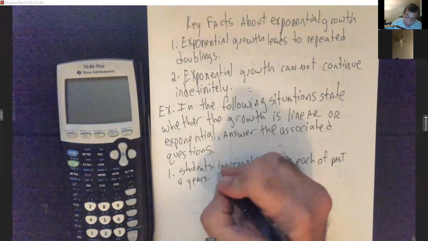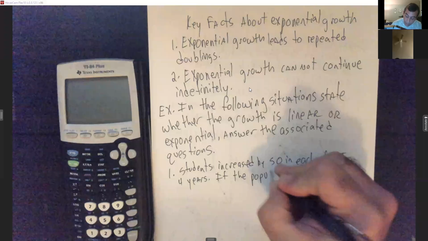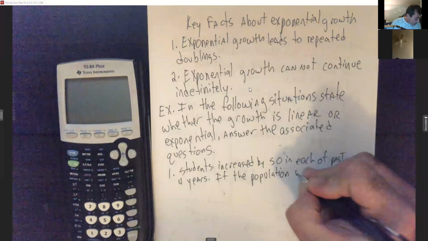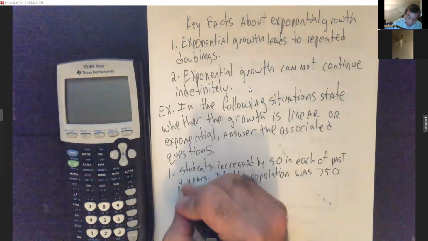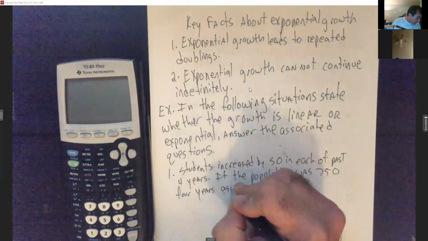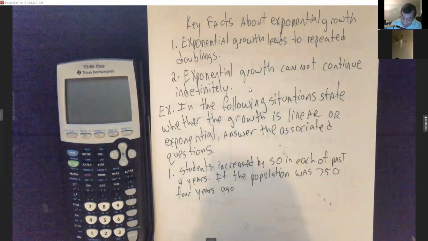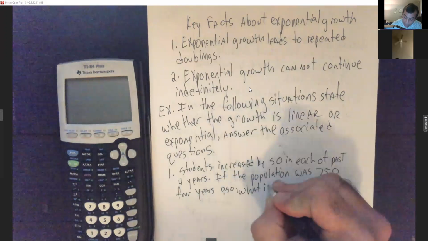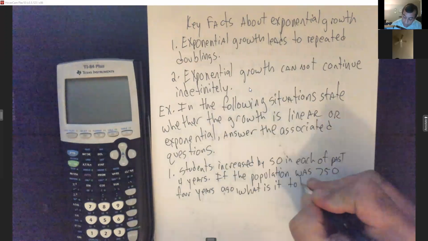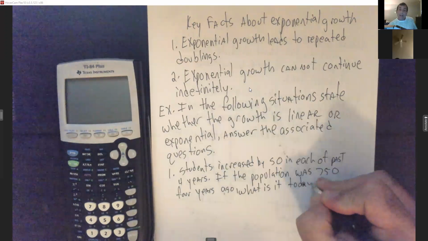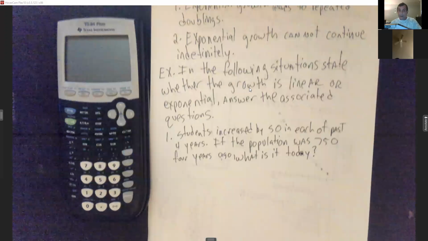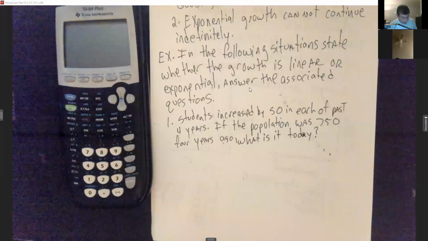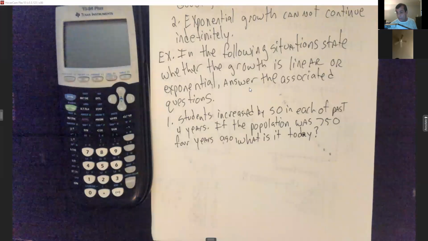If the population was 750 four years ago, what is it today? So we need to figure out if this is linear or exponential, and then figure out how many students we have today at Wilson High School.